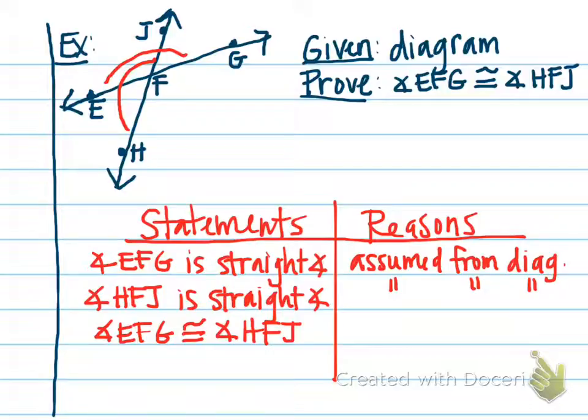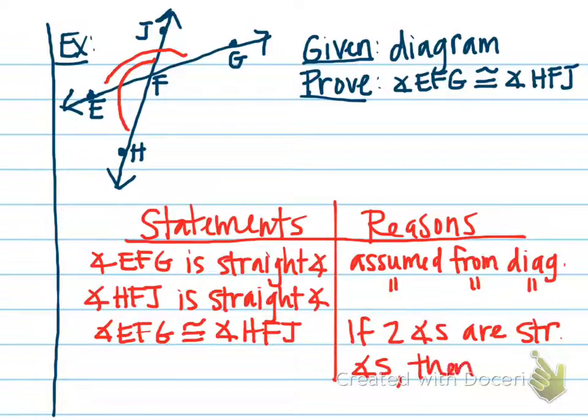That's what we're going to write for our reasons. Please, again, feel free to abbreviate. If two angles are straight angles, I don't even mind if you abbreviate straight, then congruent. And there's another proof using one of our new theorems.